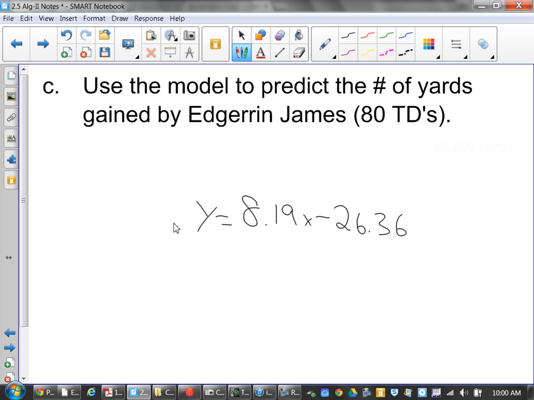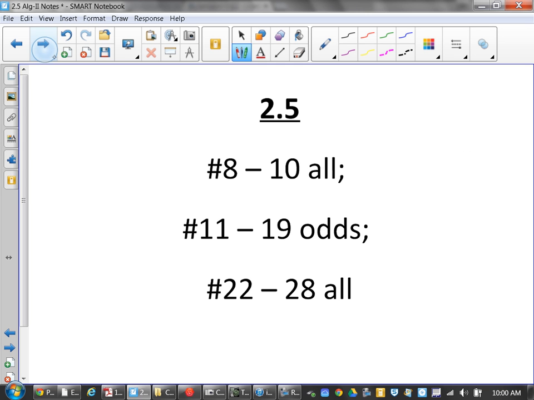So if they tell you that he has 80 touchdowns, how many yards did he run, do you think? 13,000. So this stuff is not very difficult, is it? You just add the 26. I love the fact that you guys are all so worried that you weren't going to be able to use a calculator for anything. That just means I'm doing my job.